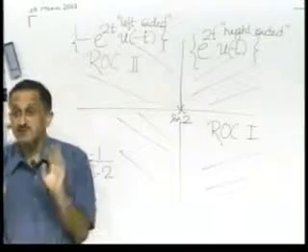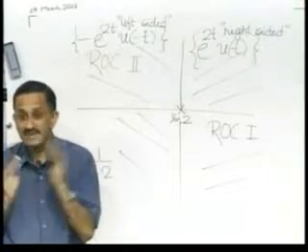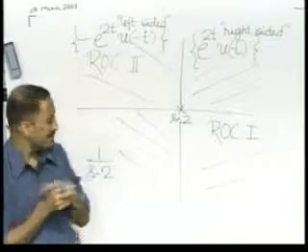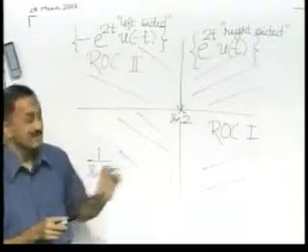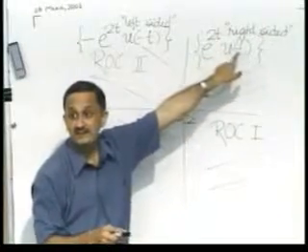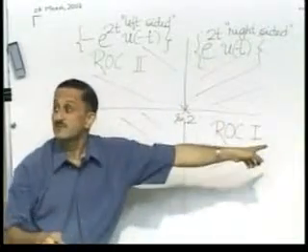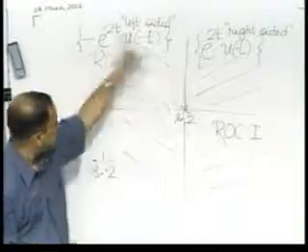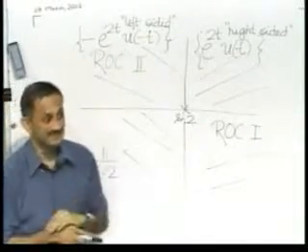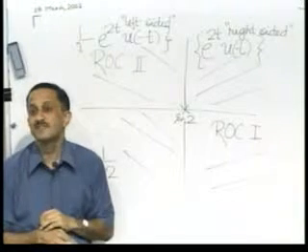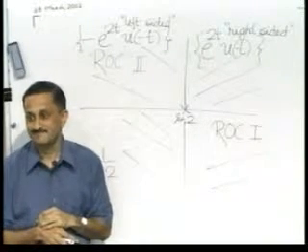Now, you see a very beautiful coincidence in the nature of the Laplace transform ROC and the kind of function. A right-sided function has a right-sided region of convergence, and a left-sided function has a left-sided region of convergence. That is universally true for the Laplace transform.